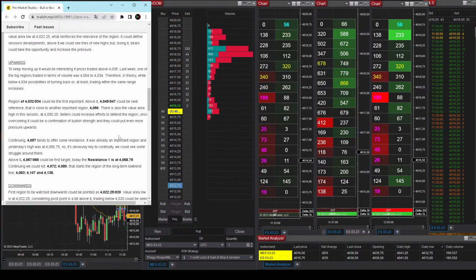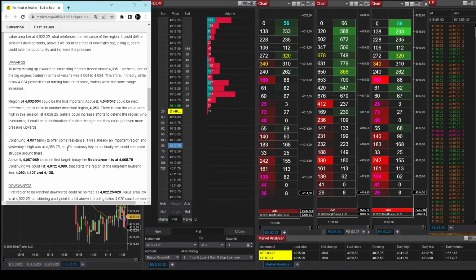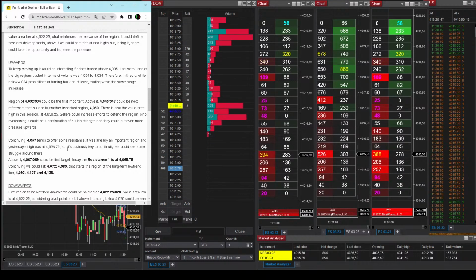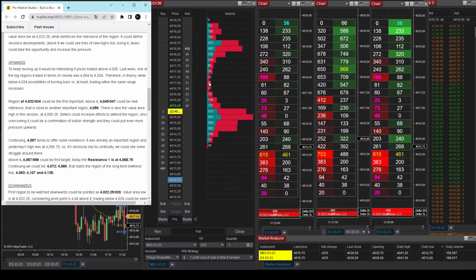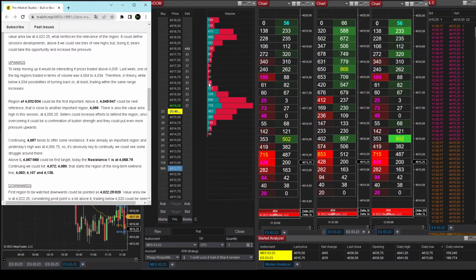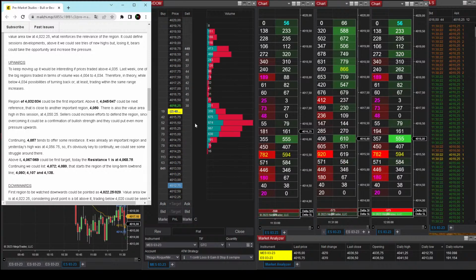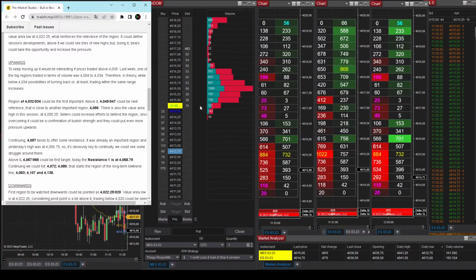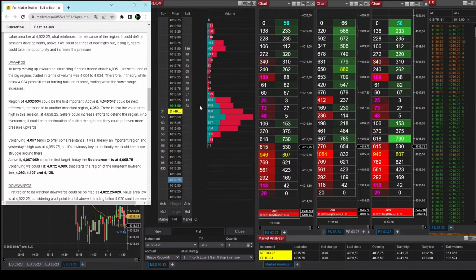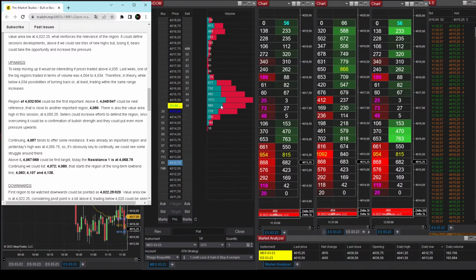We're starting close to the bottom of the value area, that is 40.22. Actually it's not that close, it's around 40.15. We have a 40.20 important and 40.22.25, that is the bottom of the value area. So this could be the first region to be observed.